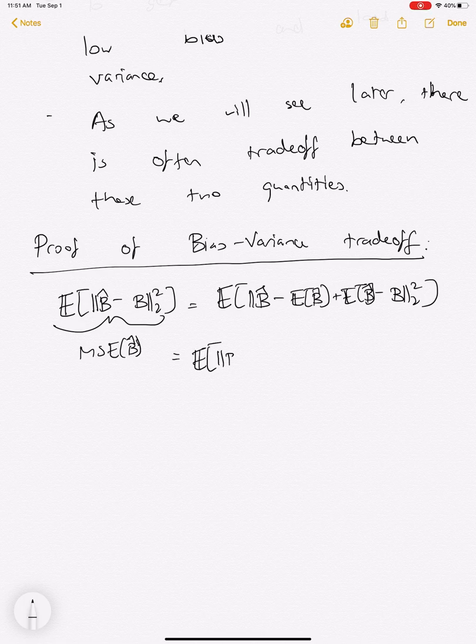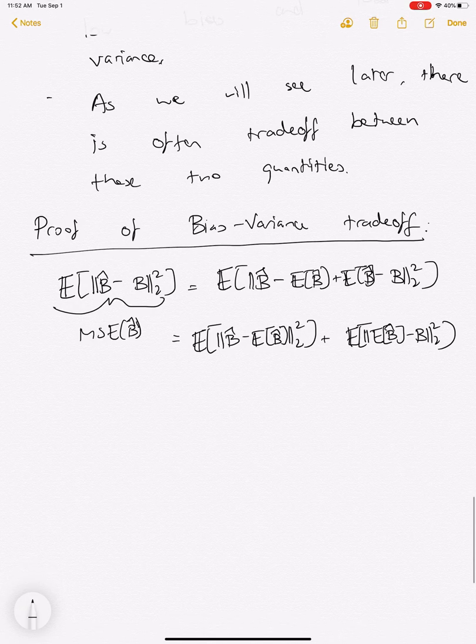And then we can just expand out the squares, which seems like a reasonable thing to do here. So we're going to get, okay, these two terms. And in addition to that, whenever we expand squares, we get a cross term, which is something we have to think about.